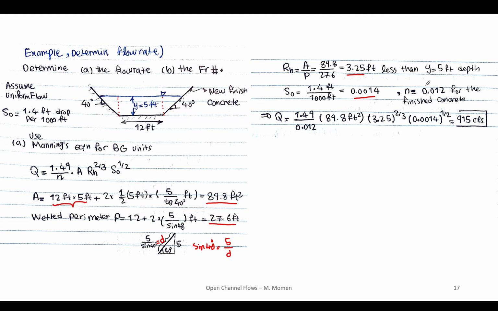And therefore, I have everything in this equation, so I will just plug everything in. It's going to give me 1.49 over n, n is 0.012, times the area, which is 89.8 foot squared, times 3.25 foot, which is the hydraulic radius, to the power 2/3, times S naught, which is 0.014, to the power 1/2.